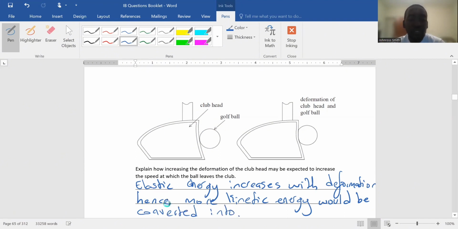So if we have more elastic energy because we have more deformation, then we're going to convert more of that into more kinetic energy, which would make more speed.